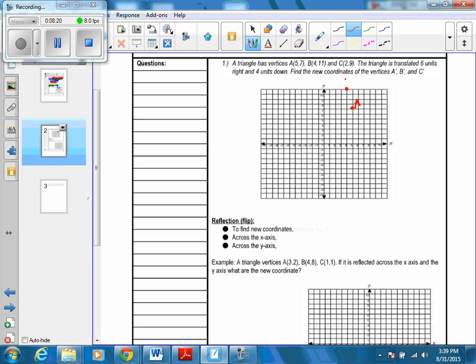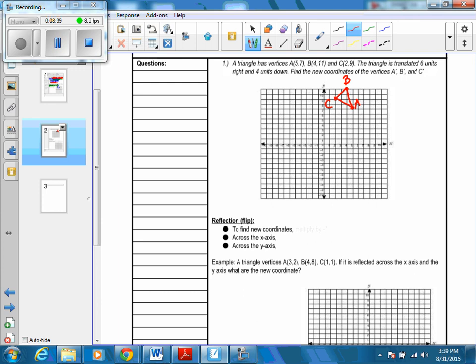All right, so we have point B. And then C is 2, 9. So that is my triangle.